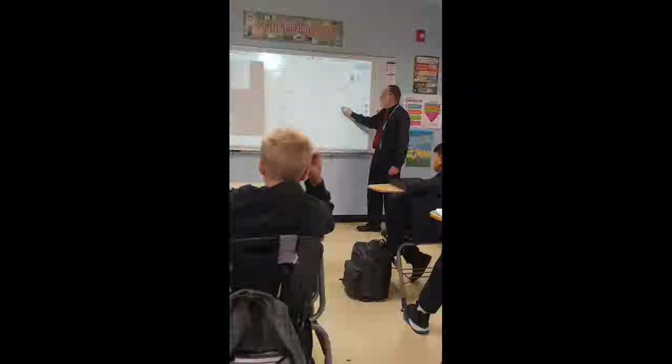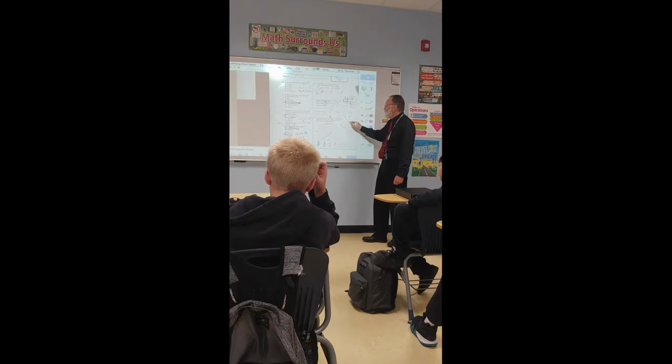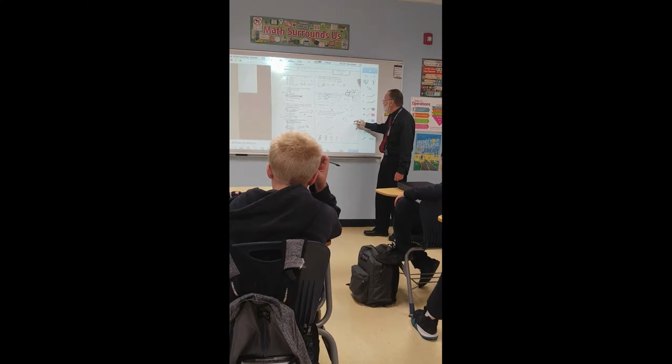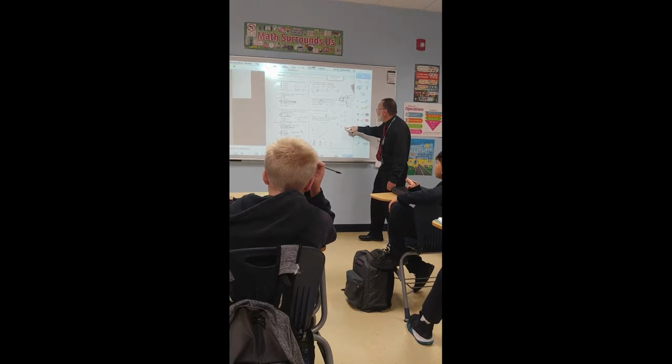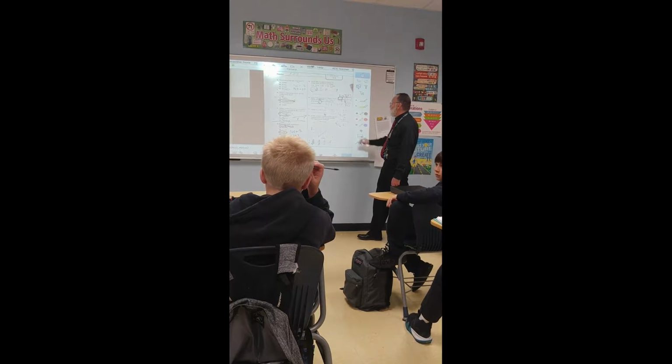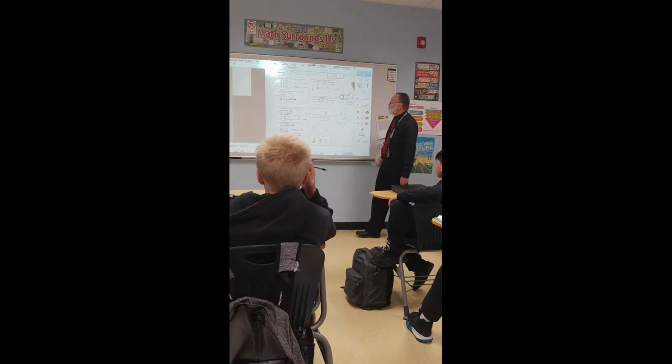Carry the 1. 2 times 2 is 4, plus 1, 5. We have 5, 0. The decimal is in front of the 2, so there's the decimal.